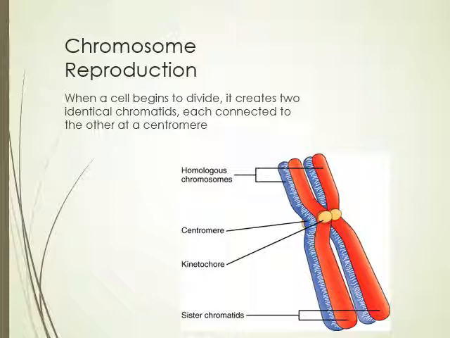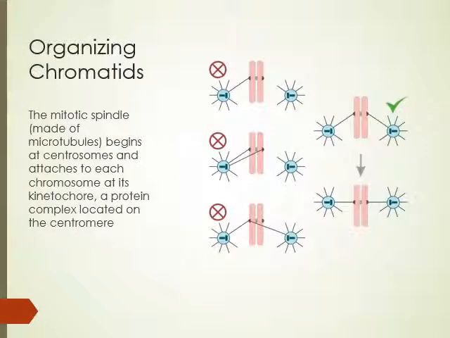And what surrounds the centromere? The kinetochore, that belt around it. We use the kinetochore to help organize the chromosomes. It's a belt surrounding them. Attaching to the belt are microtubules. Now, what have microtubules been used for in the class?